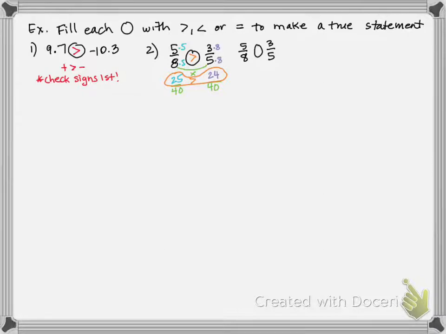Now, the shortcut way I'm going to show you is just fast-tracking what we just did. Instead of recreating those equivalent fractions, we're going to multiply on the diagonals. 5 times 5 is 25. Remember how we saw that one over here?